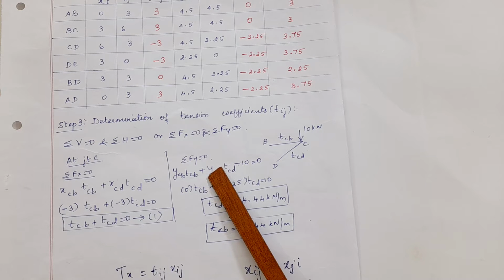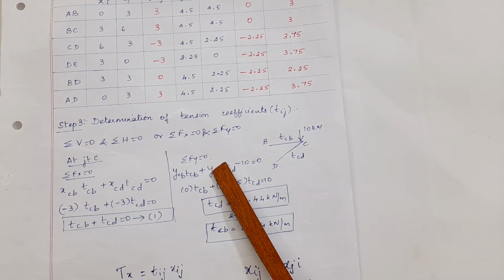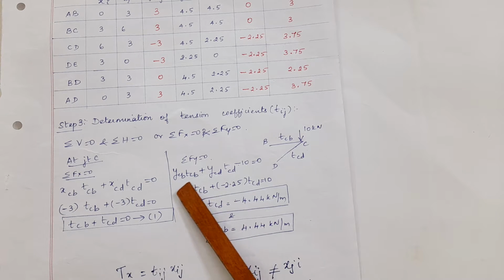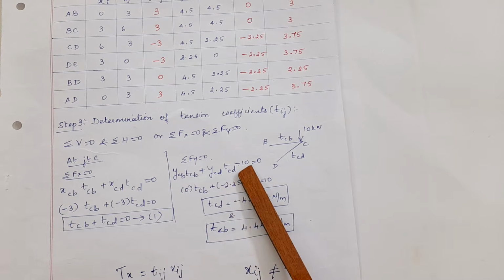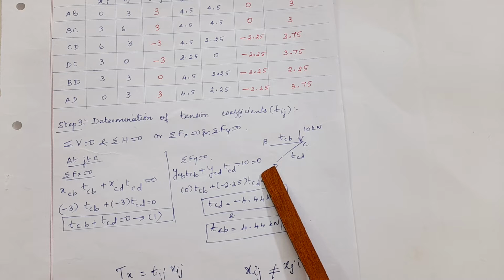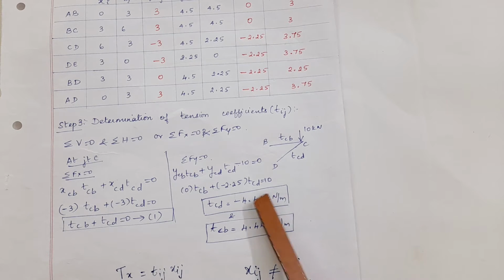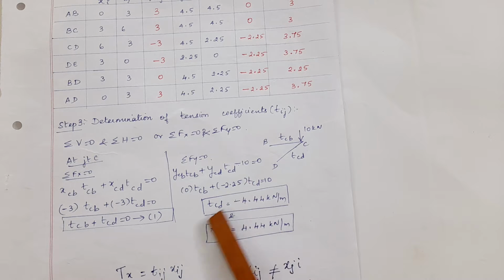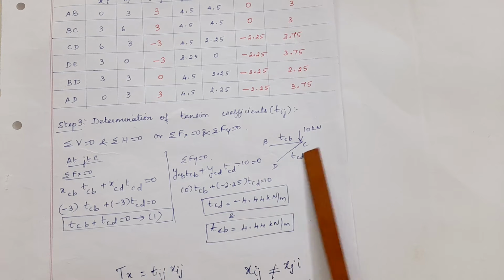Next I write the equilibrium equation for sigma Fy equal to 0 to get the second equation. I write all y coordinates of each member into the tension coefficient, and for any vertical force, I do a summation equated to 0. I have 10 kilonewton acting in the downward direction, so I calculate that as minus 10.